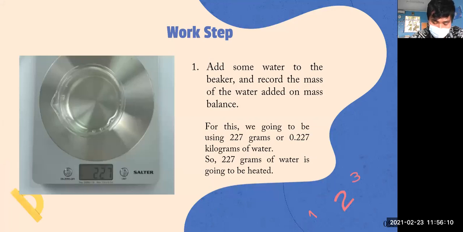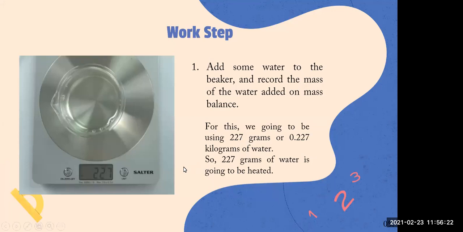Step 1: add some water to the beaker and record the mass of the water on the mass balance. For this, we're using 227 grams or 0.227 kilograms of water, which is going to be heated.